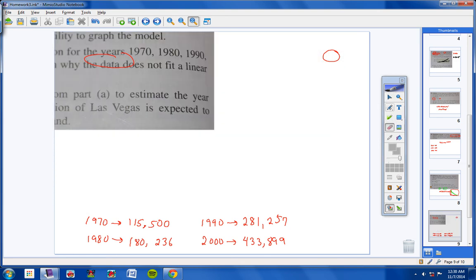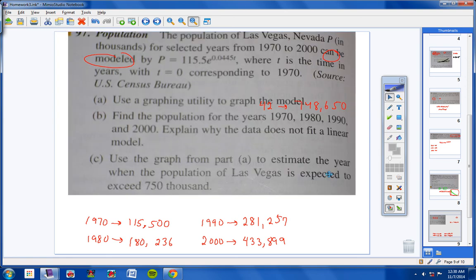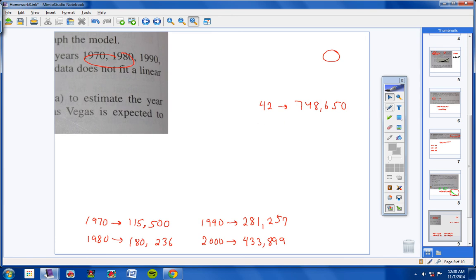My calculator says that 42 gives me out 748,650. Okay, no, I think they want to know the year that it goes past 750,000. Yeah. So let's go to 43. 43 gives me out 782,720.